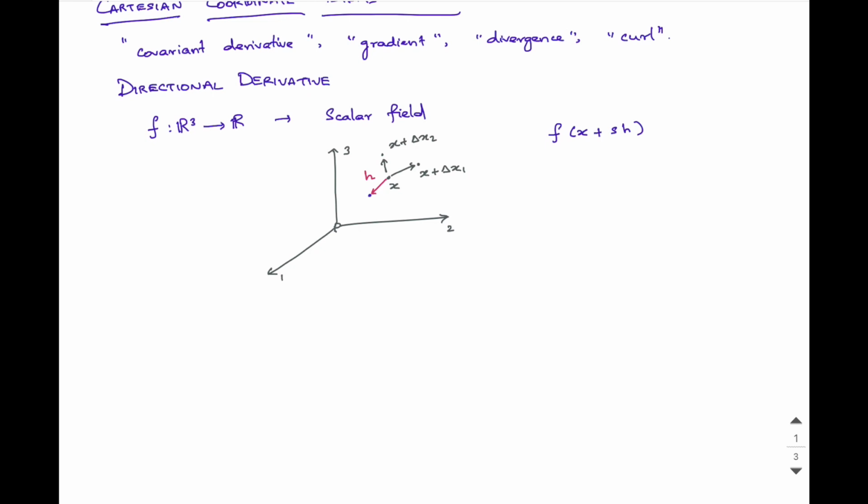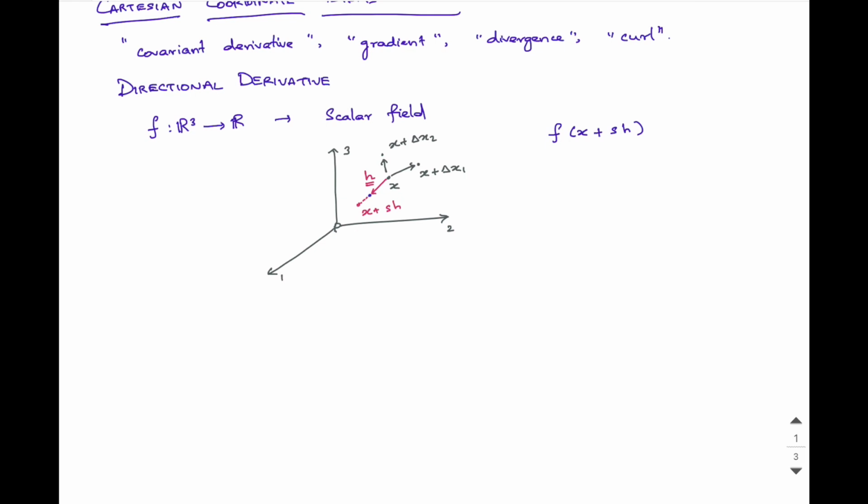Now what does this tell me? For instance, I can move along this direction to a point x plus s times h, and you can think of h as a unit vector and s as a scaling factor by which the unit vector is multiplied.